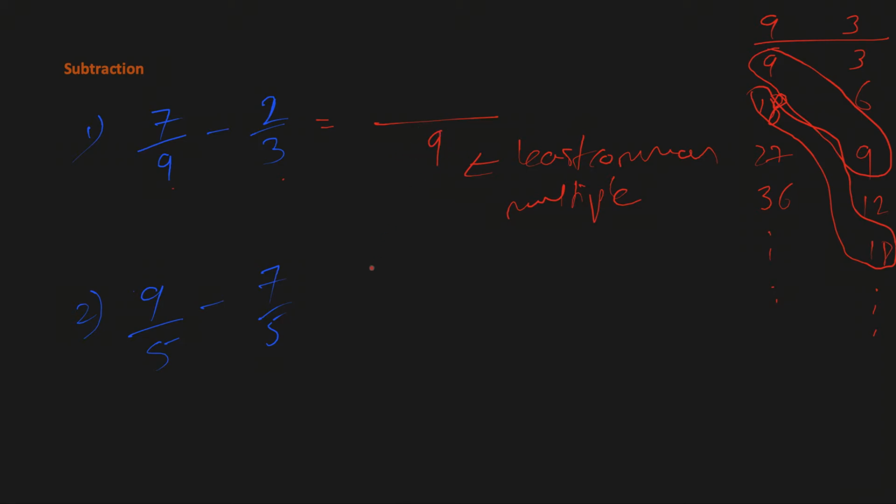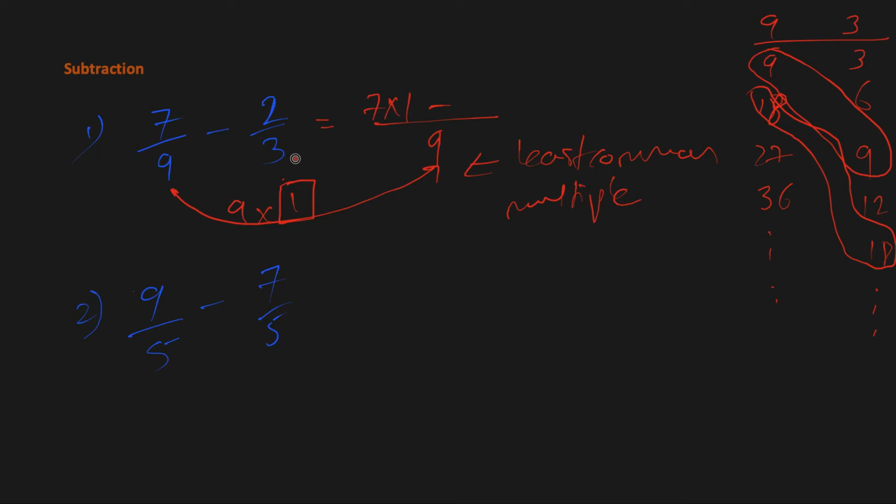Now this was step 1. Step 2 is comparing the numerator and the denominators. We'll say what times 9 is 9, so 1. We'll use this 1 and multiply it with the numerator, so 7 times 1, minus, since we are dealing with subtraction.